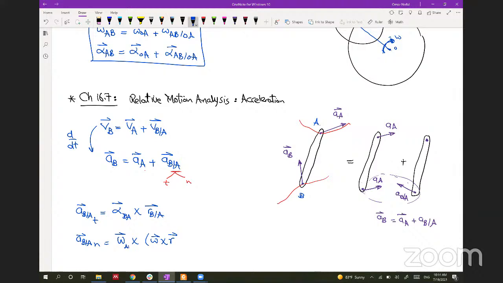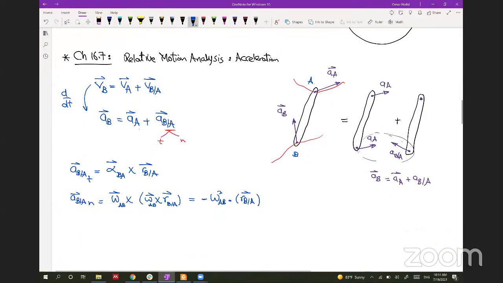So all of these are AB or BA. And this is R_B with respect to A. And we proved that this will be negative omega squared of AB multiplied by the vector R_B with respect to A. So this is the tangential and normal components, and that's actually what we need to know.